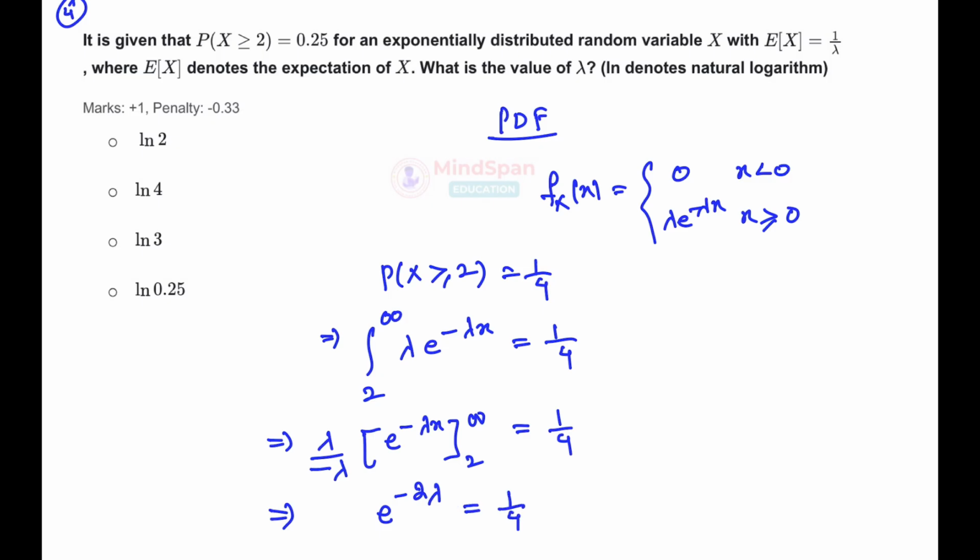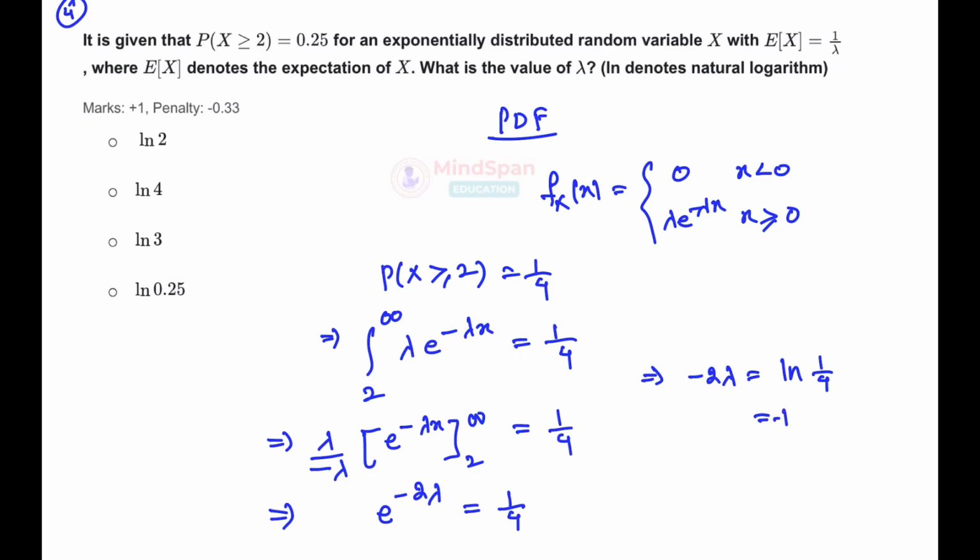Take the log both sides. On the left hand side it will be minus 2 lambda, and on the right hand side it will be ln 1 divided by 4. If you try to find lambda from here, you will not get any answer, so you will have to do further simplification of this ln.